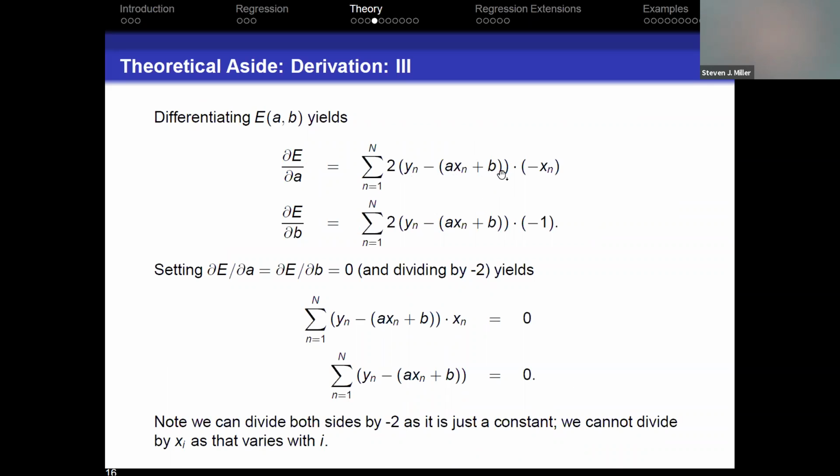The derivative will be, the 2 is actually coming from that, a negative xn. Similarly, over here, we'll have a 2 and a negative 1. We now set the partial derivatives equal to 0. We can divide by minus 2, and we get these two sums must be 0: the sum of (yn minus (axn plus b)) times xn equals 0, and the sum of (yn minus (axn plus b)) equals 0.